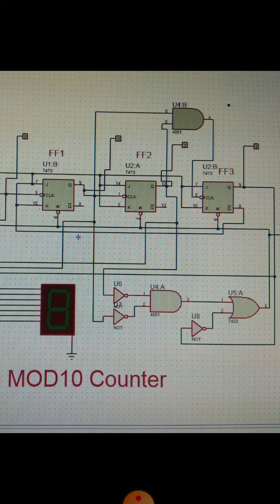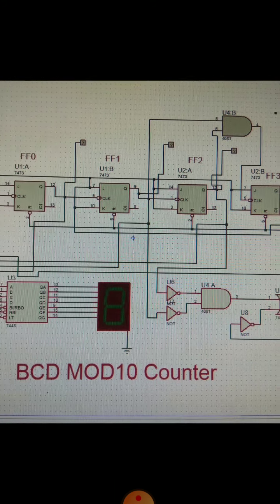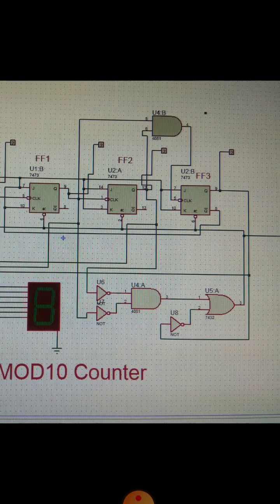If we introduce this circuit for the reset operation, only then after counting from 0 to 9 it will reset. This is your reset logic. We have to introduce it between our reset input.